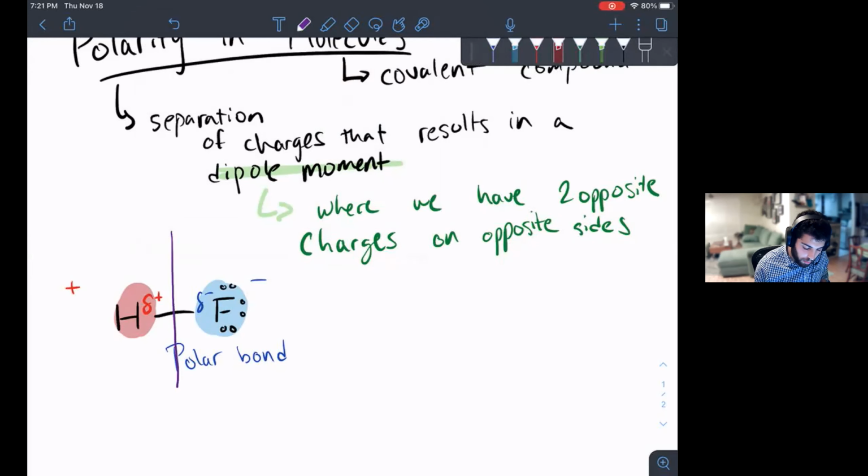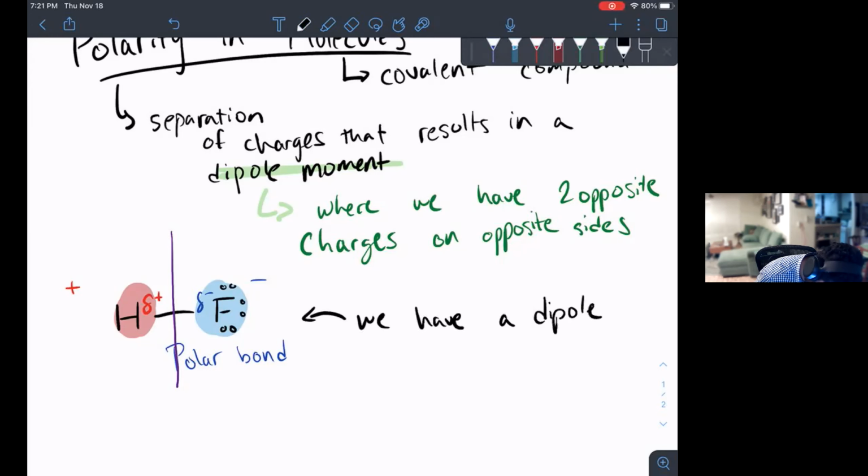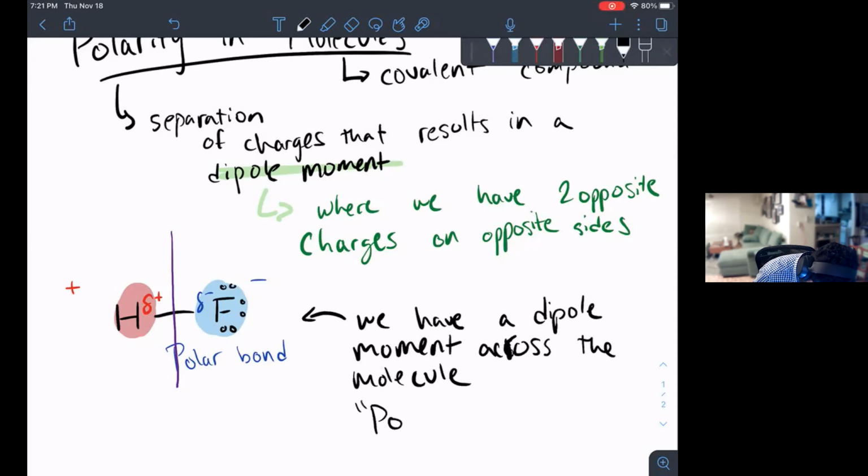So not only is this a polar bond, but because we have a dipole moment across the molecule, we would call this a polar molecule.